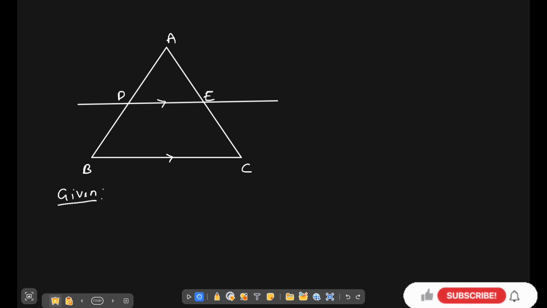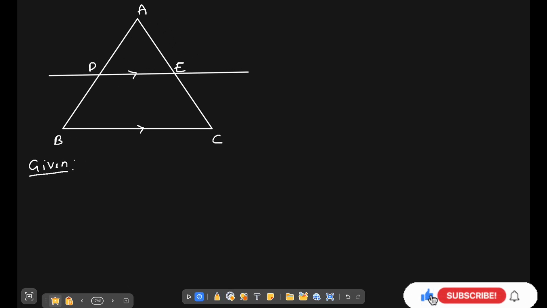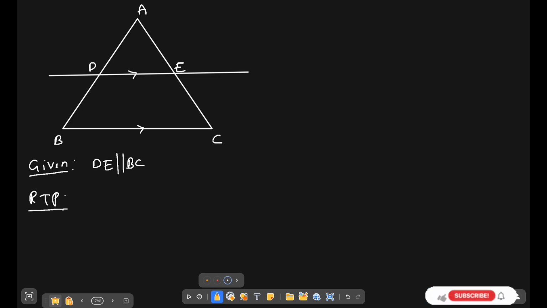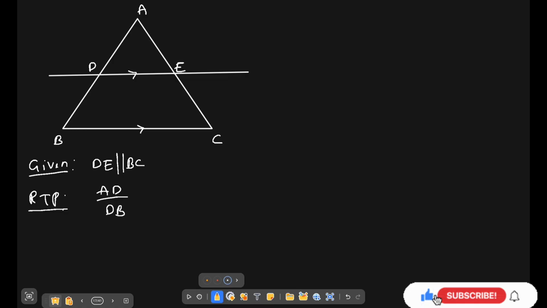It is given that this DE is parallel to BC. So this is given. Now we need to prove that AD by DB, it divides the AB side and AC side in the same ratio, right? AD by DB is equals to AE by EC.